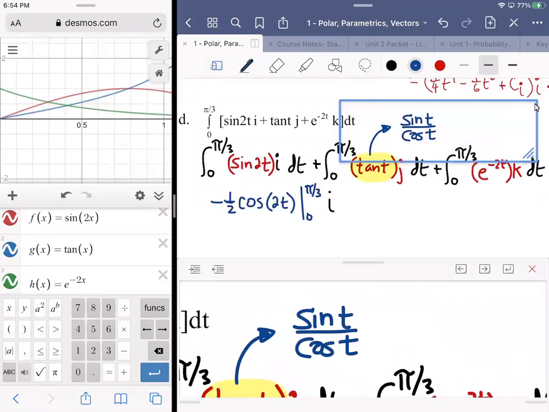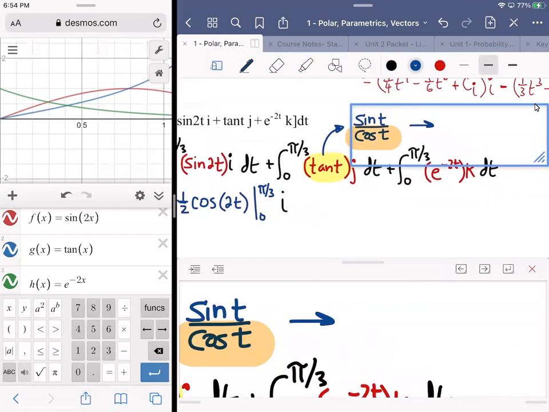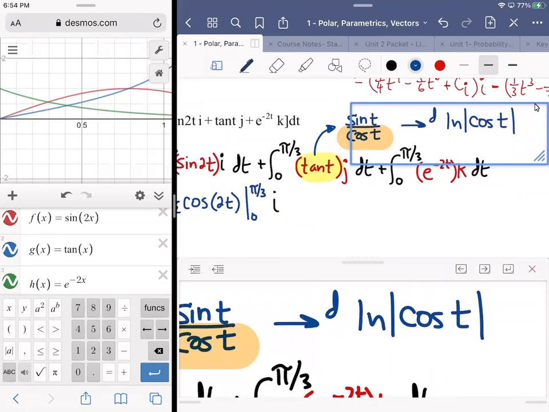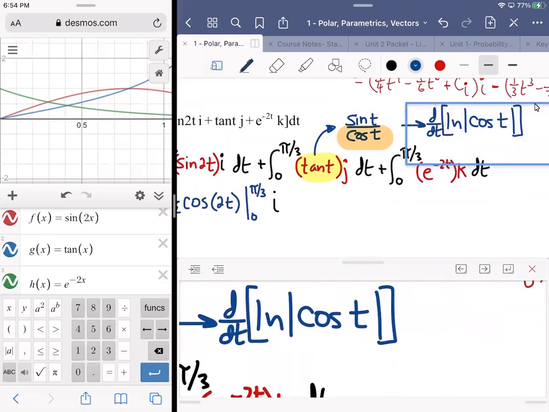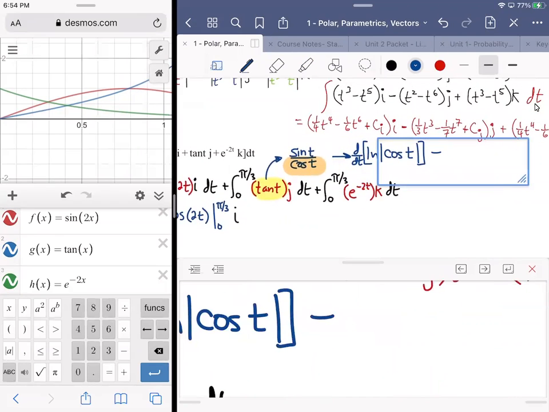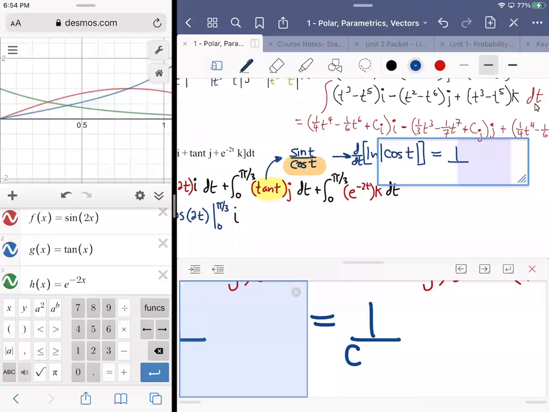If I'm integrating this, whenever I see a fraction, I think natural log. So I'd be looking at the natural log of the cosine of t. Now, if you play that out logically, if I say d dt of the natural log of the cosine of t, it would be 1 over the cosine of t times the derivative of cosine of t, which is negative sine of t.